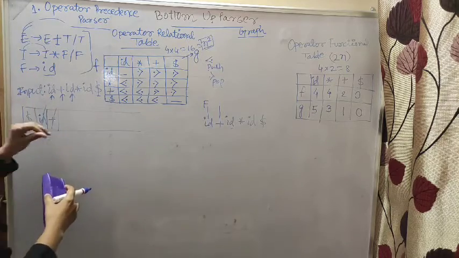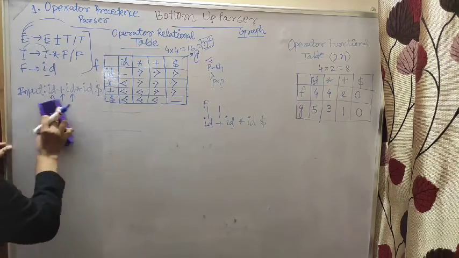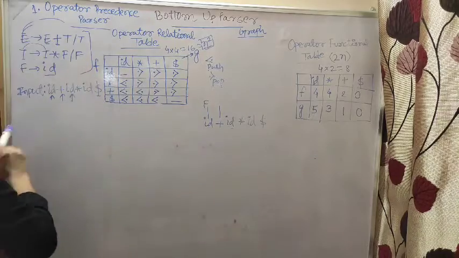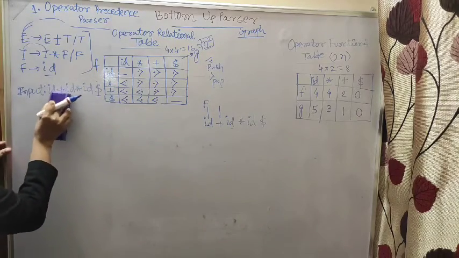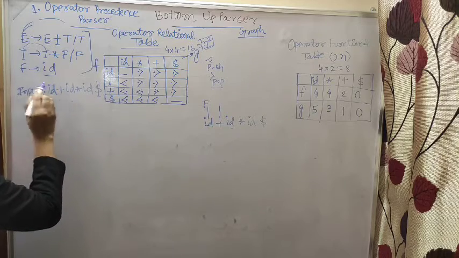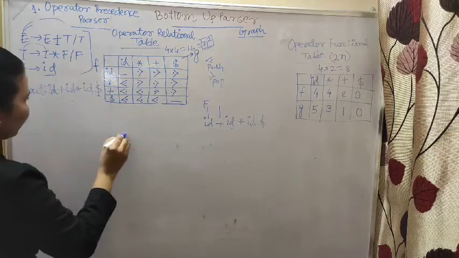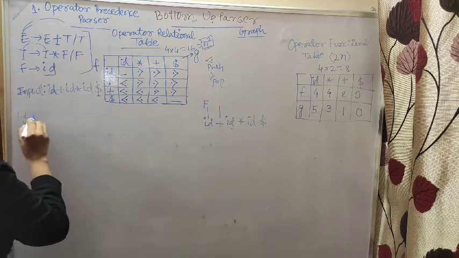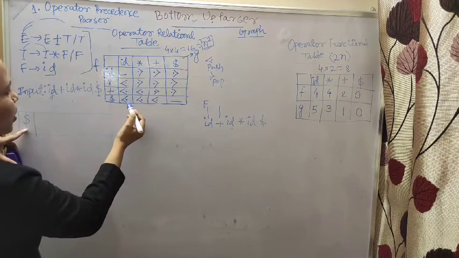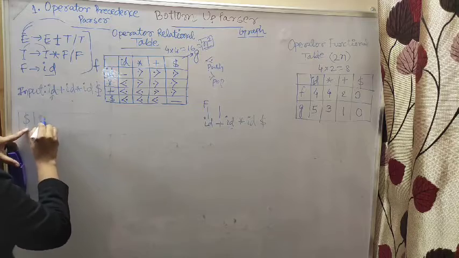Sorry, I have made a mistake. I already told you that less than means push. Dollar is first in the stack. Check dollar with id, that means push the data, id.